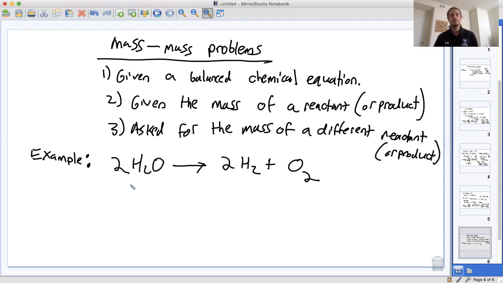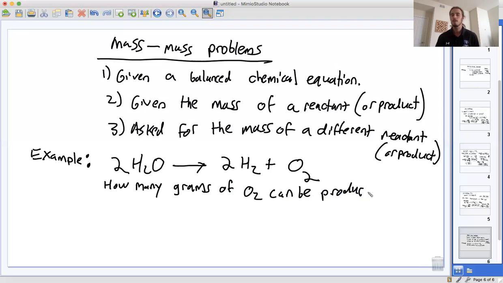Right, and let's say how many grams of O2 can be produced from 50 grams of water, right?